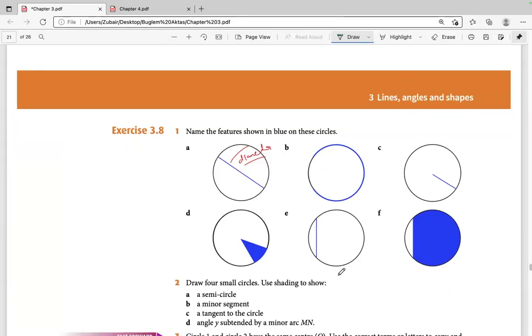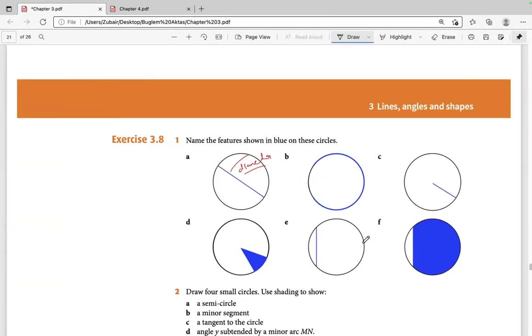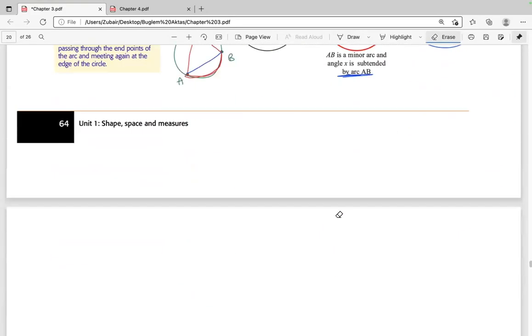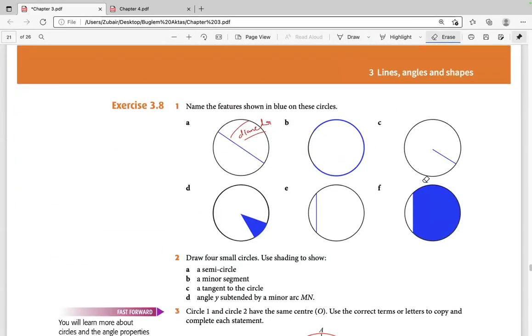Do you want me to revisit the names? This was arc length. So it's a major arc. Yes, it is major arc. And C is the radius. Correct. For D, it's a sector. Correct.